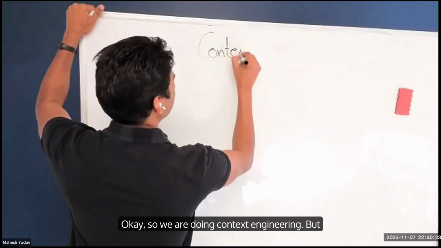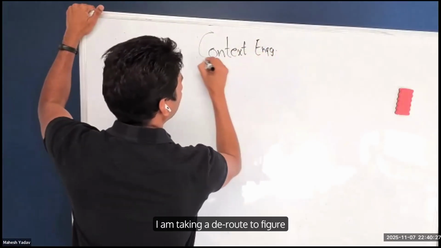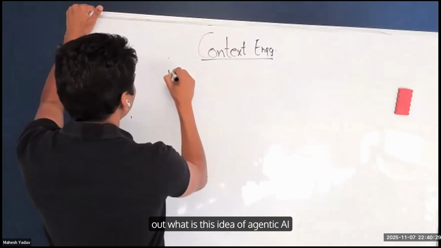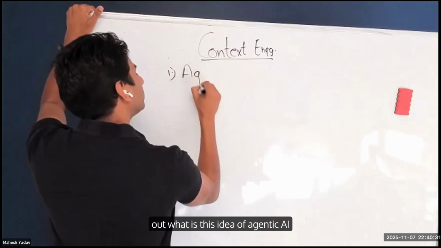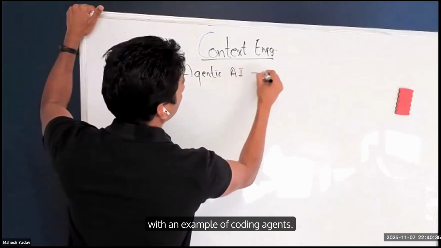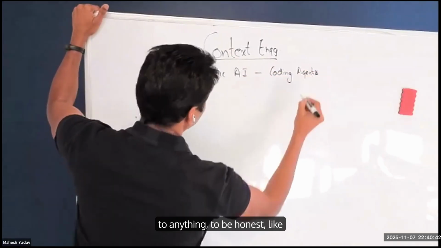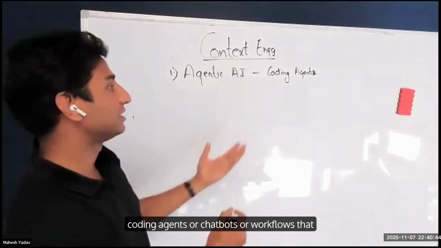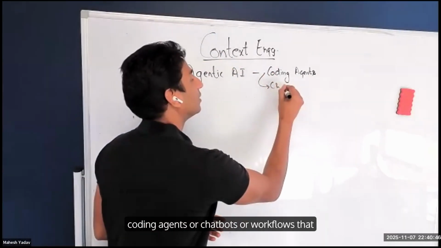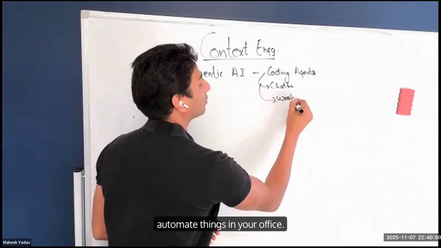So we are doing context engineering, but before we can do that, I am taking a detour to figure out what this idea of agentic AI is, with an example of coding agents that can write code. We can apply this to anything, to be honest: coding agents, chatbots, or workflows that automate things in your office.